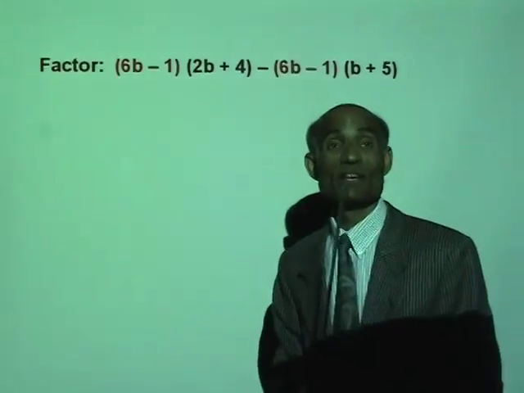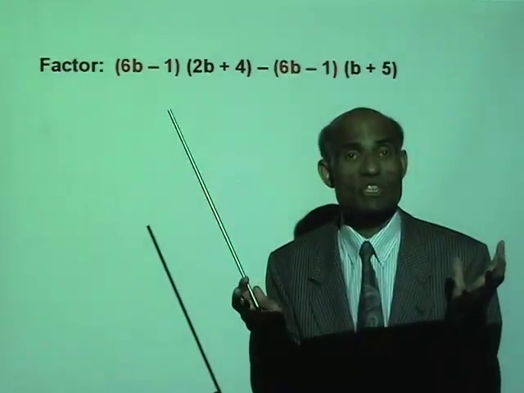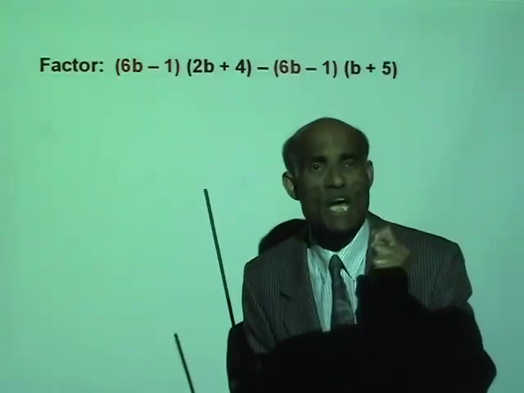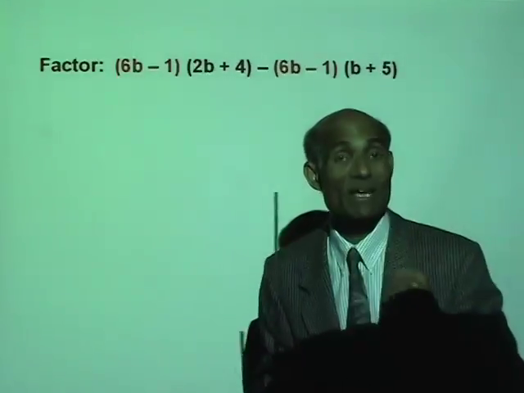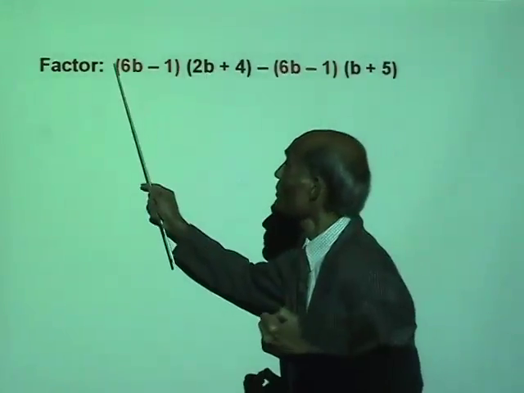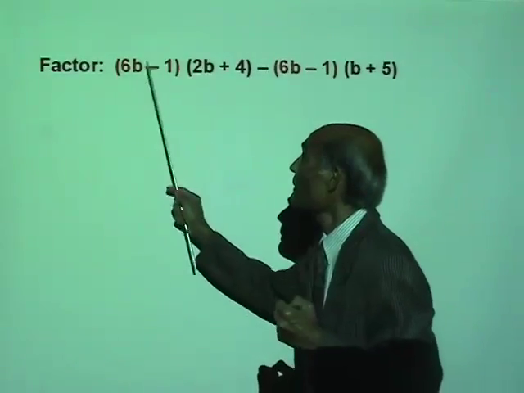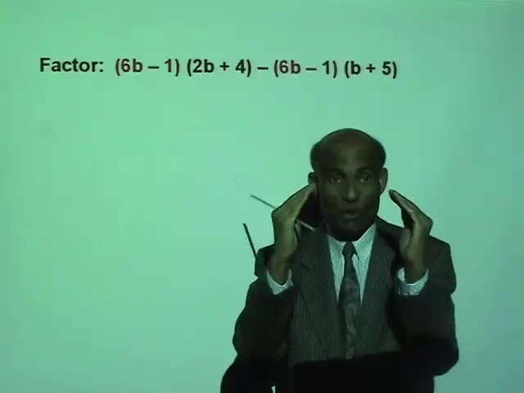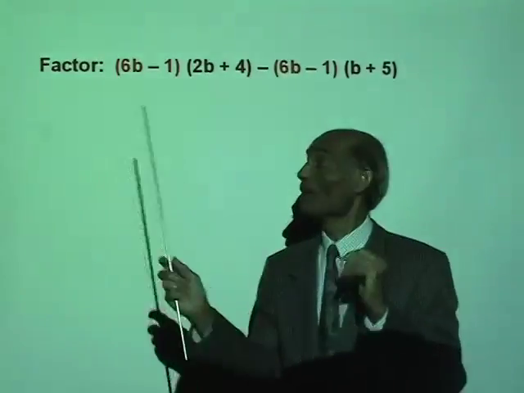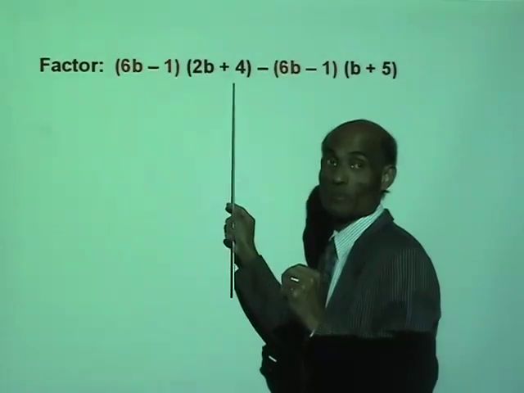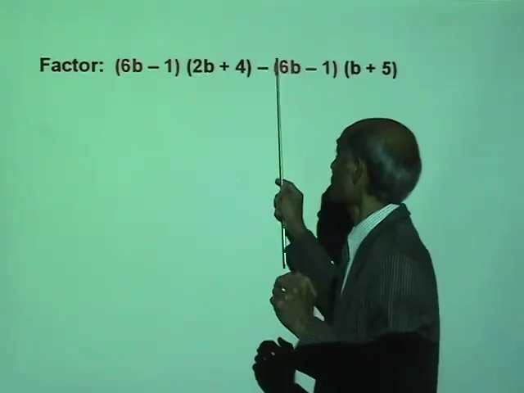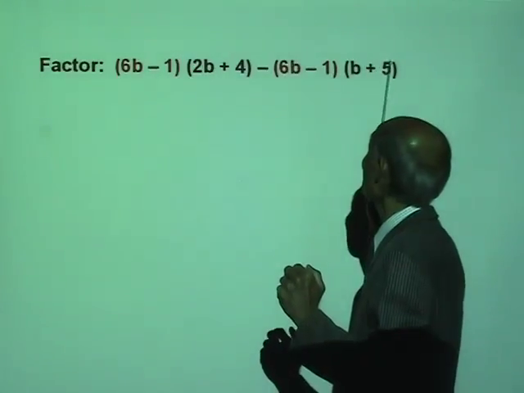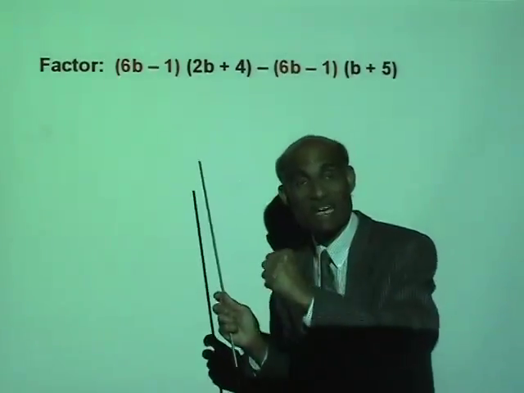Now here again, you have an algebraic expression that contains how many terms? How many terms are here? Look at this. This is one term: a factor multiplied by another factor. It's the product of two factors. That is the first term. Minus the product of two factors. That is the second term.